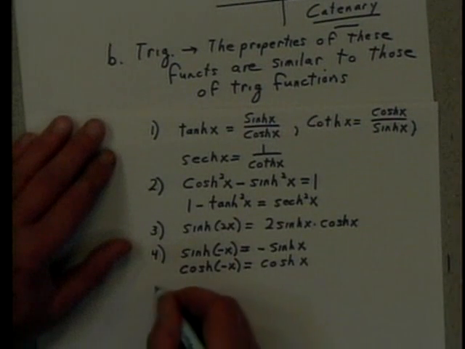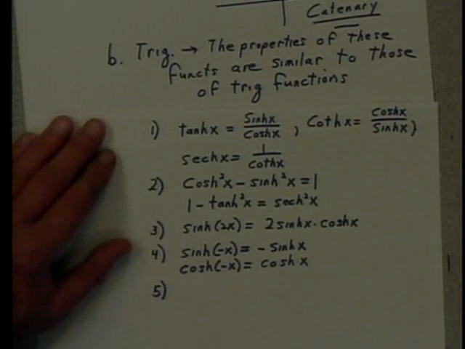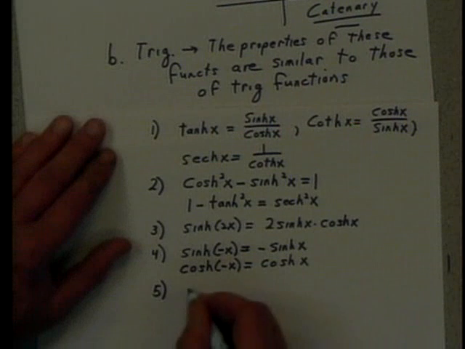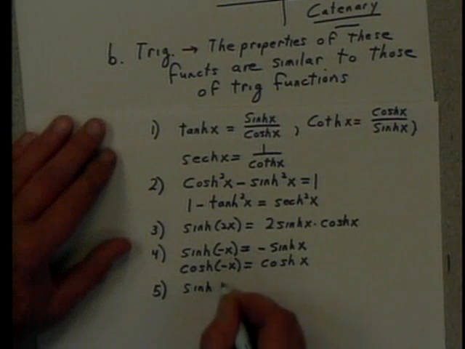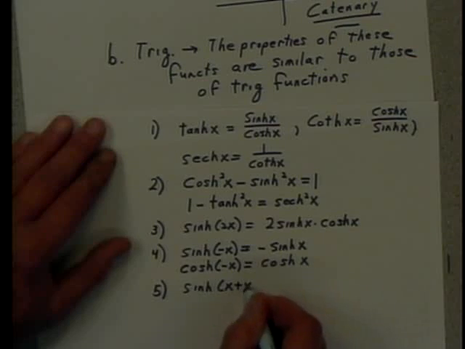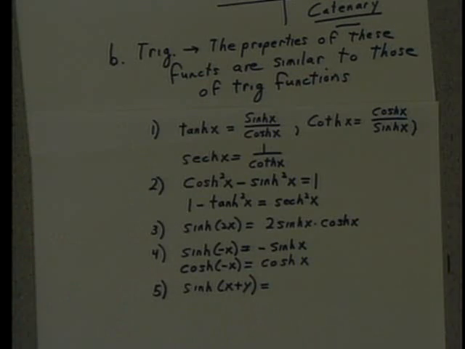Okay, there's one more which is essential to work problems. And that is, what about the sinh of x plus y? Well, I don't know, is sine of x plus y on there? No, but sine of u plus v is, and you can adjust the letters, right?